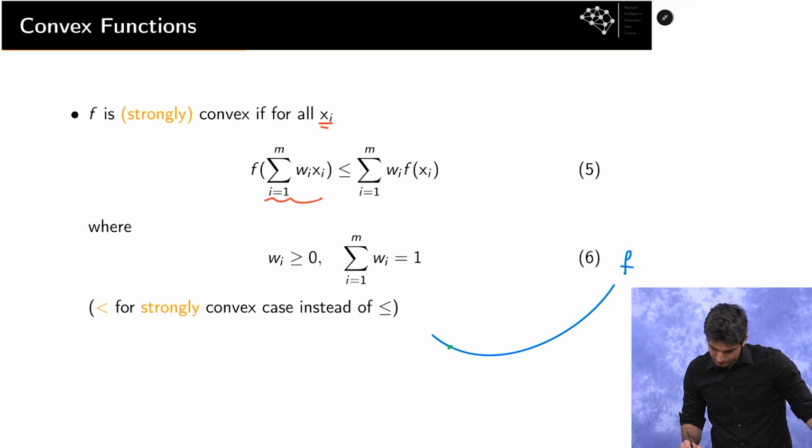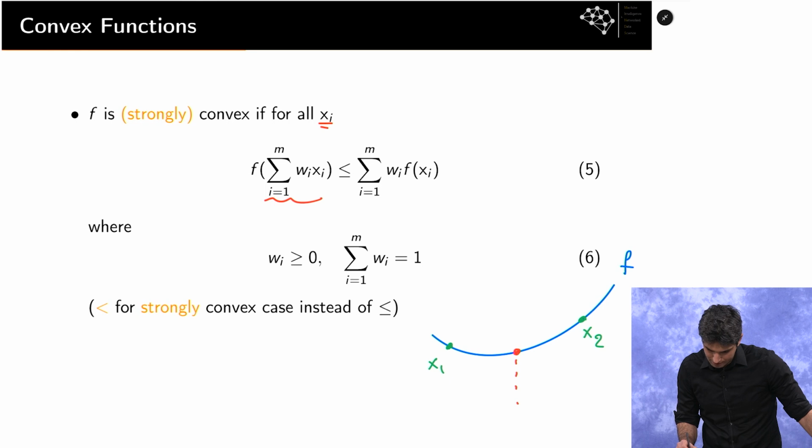This says that if I consider any 2 points, let's call them x1 and x2, the value of the function at the midpoint, so let's say this is the midpoint and this is the value of the function at the midpoint, and these are the values of the function at x1 and x2, is lower than the average of the function values.